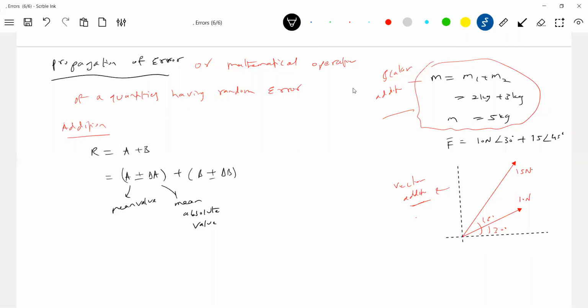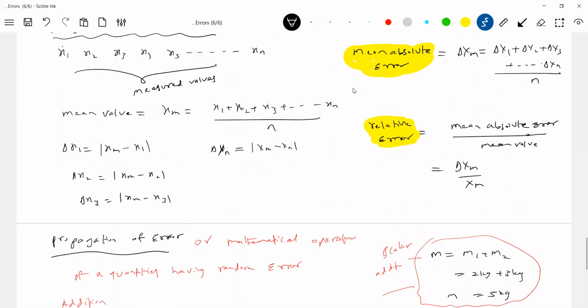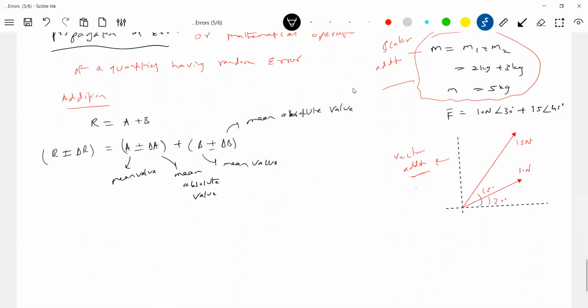So the corresponding error in the sum will be plus or minus delta R, the mean absolute error.